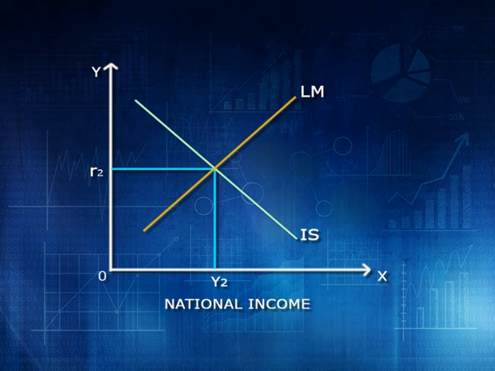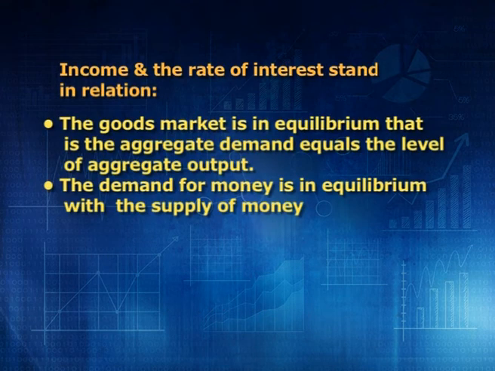In this figure, as shown, the equilibrium rate of interest is determined as OR2 and the level of income is determined as OY2. At this point, income and the rate of interest stand in relation to each other such that the goods market is in equilibrium, that is the aggregate demand equals the level of aggregate output, and the demand for money is in equilibrium with the supply of money.